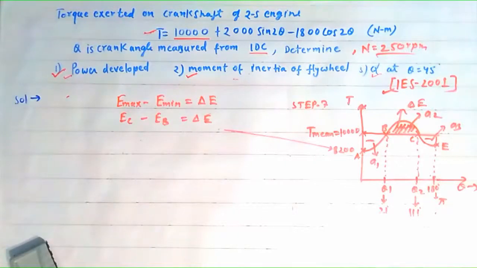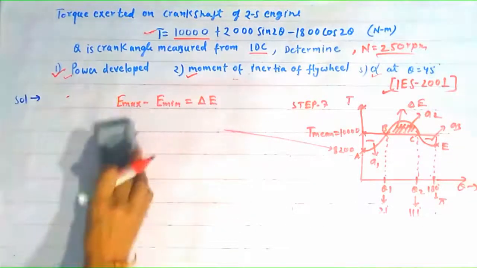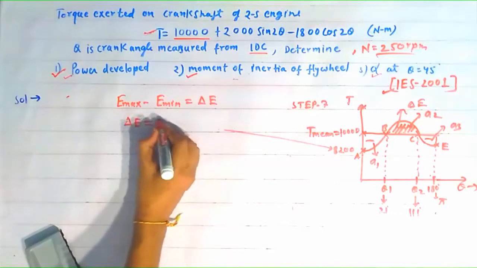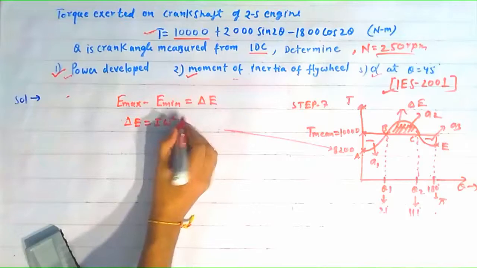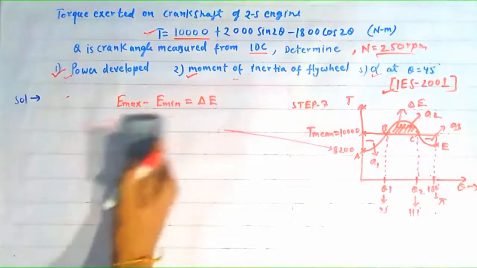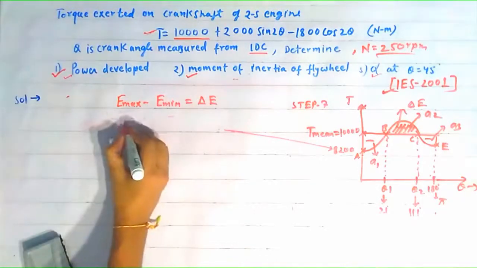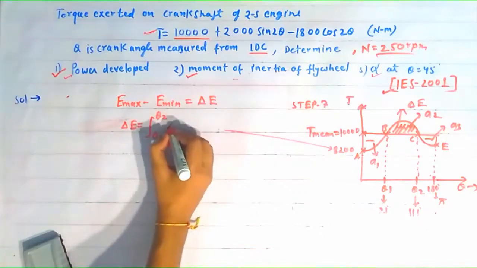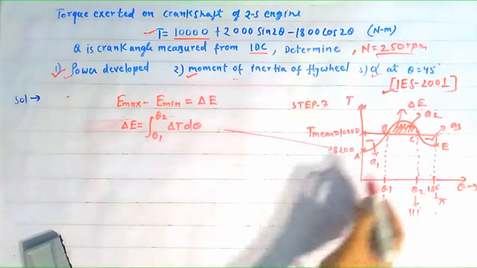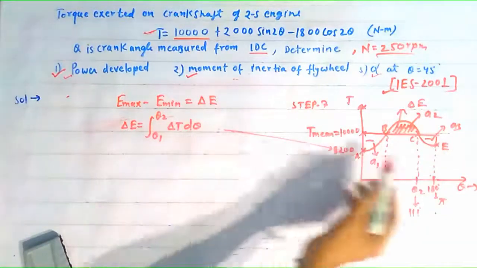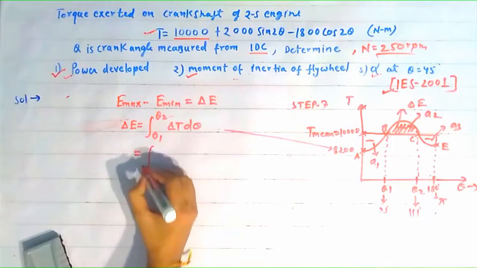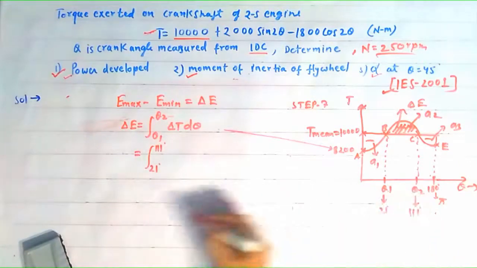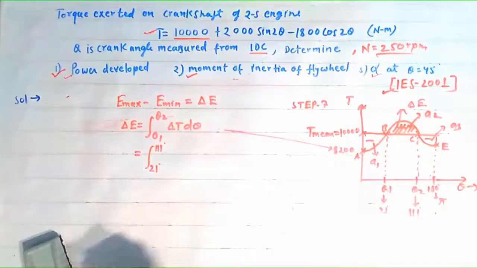So delta E is equal to the integral from theta 1 to theta 2 of delta T d theta, that is this area. We have to find out this area. It will be from 21 degree to 111 degree, that is from this intercept to this intercept.